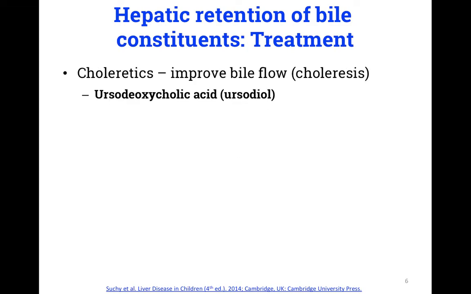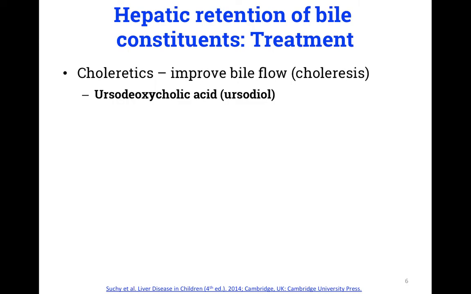So treatment naturally for the retention of bile constituents within the liver comes in two forms, but the main one is to try and improve the bile flow and get those bile constituents out of the liver cells and the liver parenchyma. So this is where choleretics come into play.